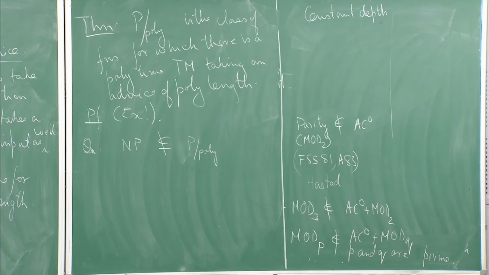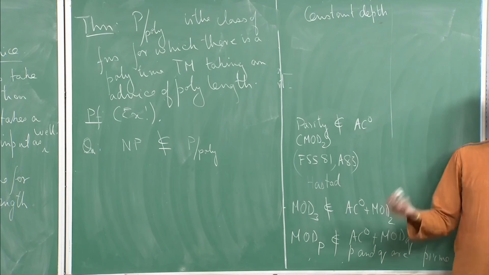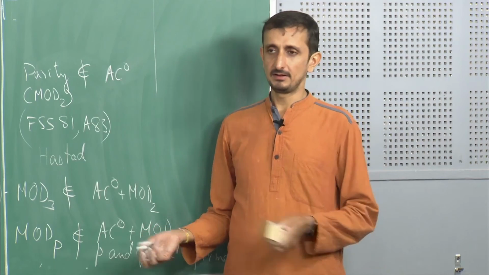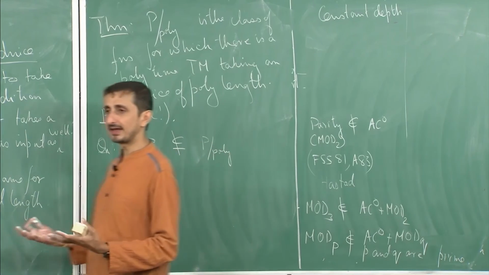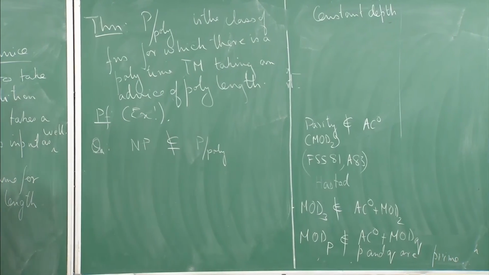Now, the next question was what if I give both mod 2 and mod 3 gates. That is basically I have mod 6 gates present in my circuit. What kind of functions can it not compute?